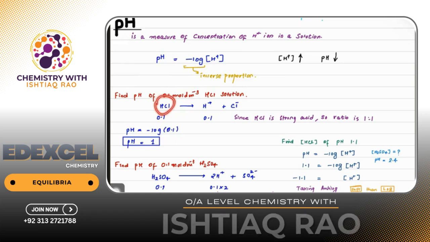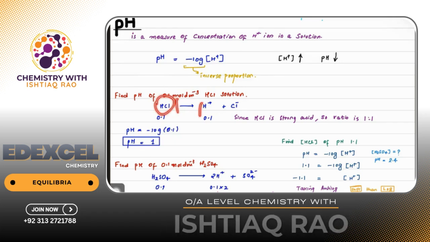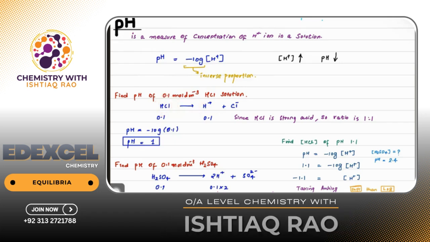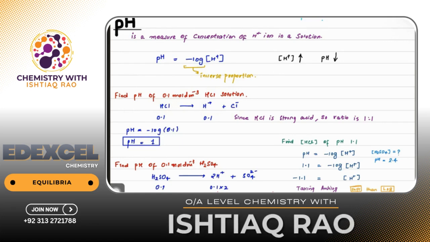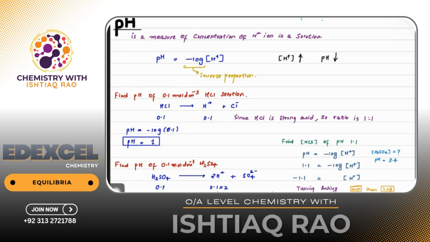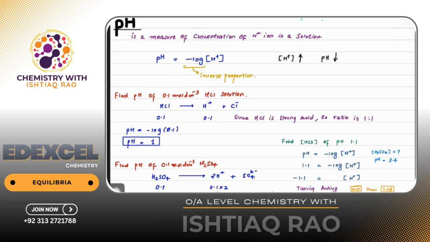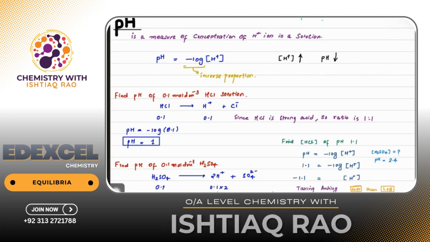I can say that the mole ratio is 1 to 1, or 1 mole of HCl can give 1 mole of H positive ion. Since the ratio is 1 to 1, and by the way, this is a strong acid.